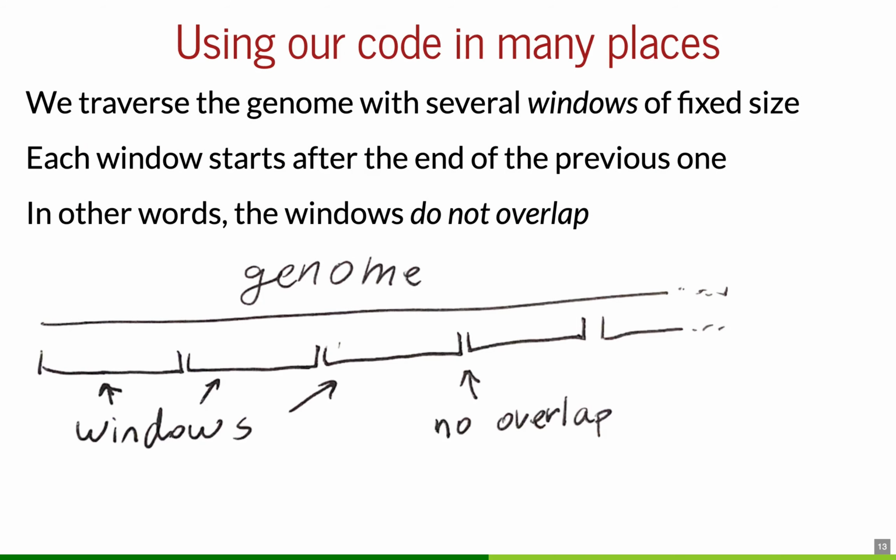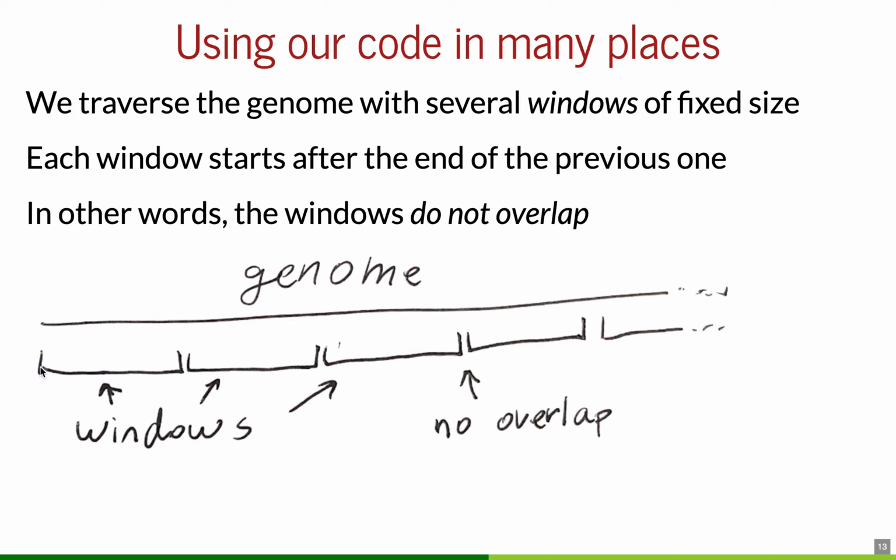To do the next step, we need to move through the genome in several windows of a fixed size. So you have the complete genome, and we will go step by step with windows that are relatively long, let's say 1,000, 10,000, 100,000 nucleotides, and we take a value, and then we move to the next one without overlap.